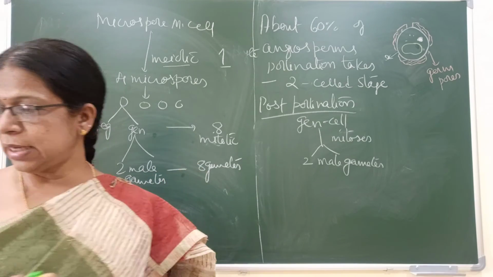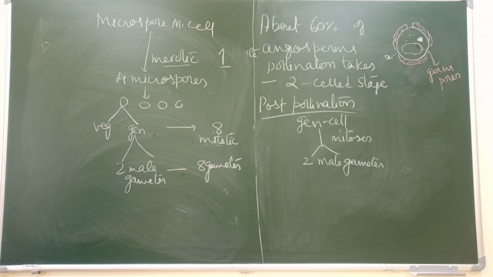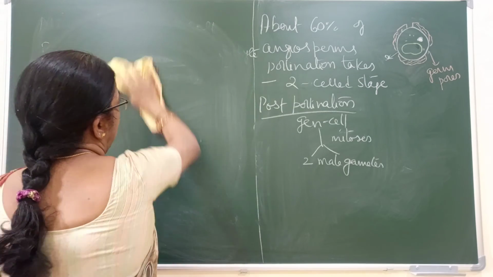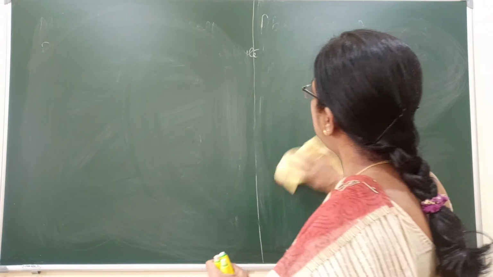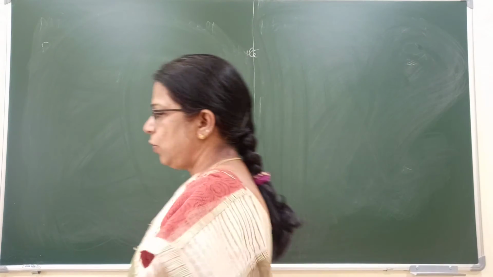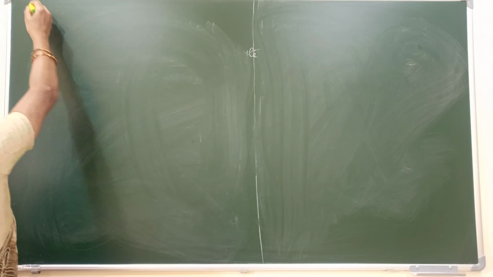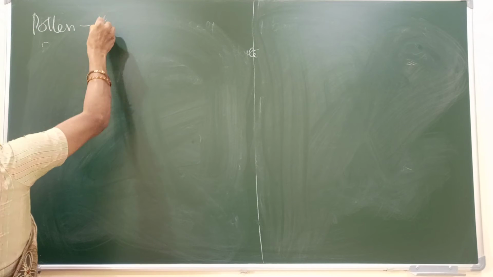Now let us continue to discuss the uses of pollen grains, or whether there are any harmful effects of pollen grains; in general, the economic importance of pollen grains. First, some pollen also cause allergy.